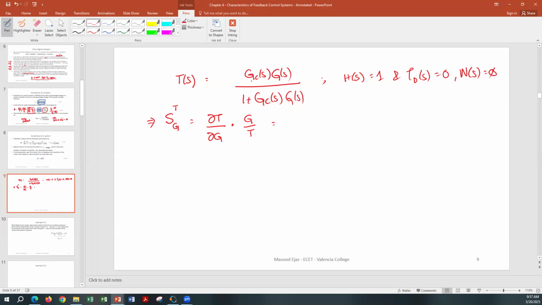Now the numerator is Gc(s)G(s). So let's go with that: Gc(s)G(s) and the derivative of the denominator. Remember, we are taking the derivative with respect to G(s), so Gc(s) is considered to be constant. So that's going to be Gc(s).